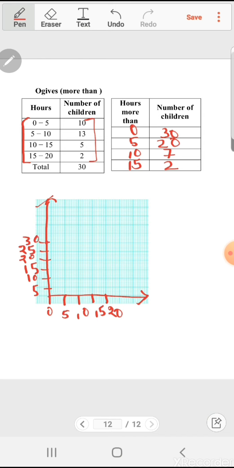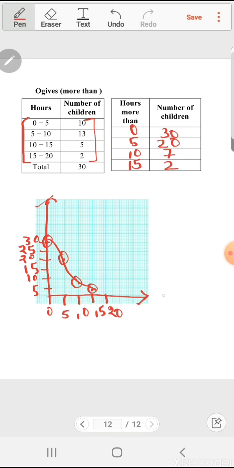So more than 0 is 30, more than 5 is 20, more than 10 is 7, more than 15 is 2. By joining these points, I get a more than frequency curve.